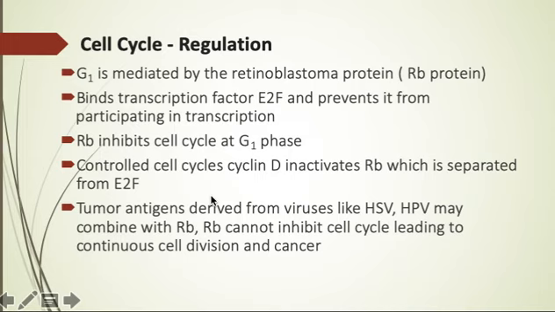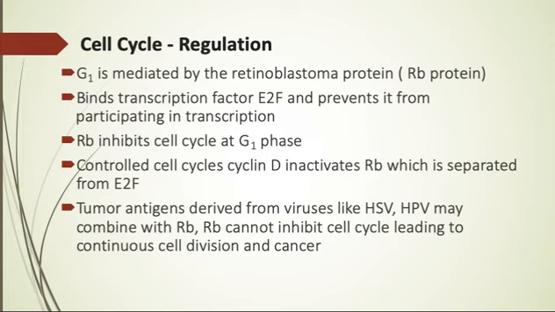So to control the cell cycle, cyclin D inactivates the RB, which is separated from the E2F, that is the transcription factor. So the tumor antigens derived from viruses like herpes virus or the human papilloma virus may combine with the retinoblastoma protein, and retinoblastoma protein cannot inhibit cell cycle, leading to continuous cell division and cancer.